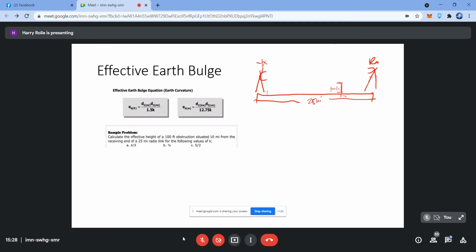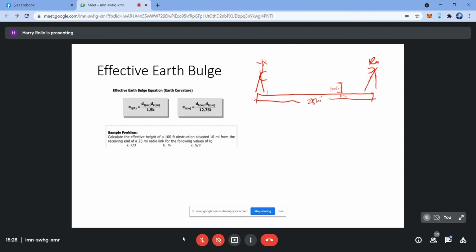Since we have the unit of miles here, which formula are we going to use? The 1.5 formula.